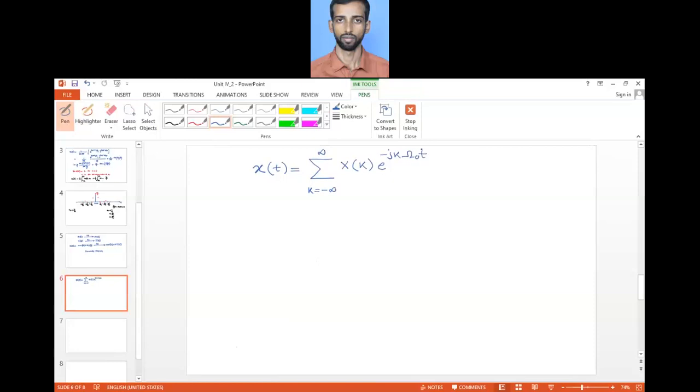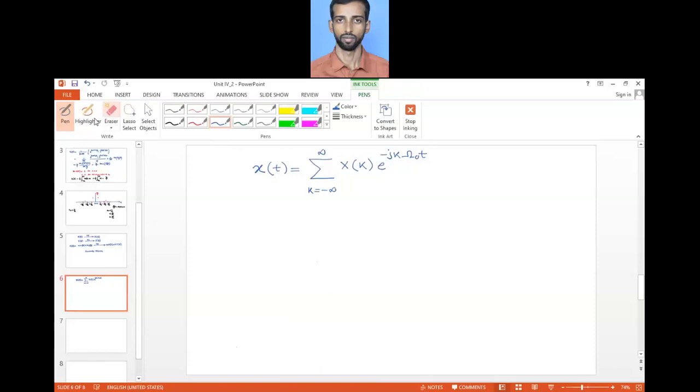That is the Fourier series representation for any continuous and periodic signal. And let us also assume that the signal is a real signal. What does it mean? It means if I measure the value of x of t for any t, it gives a real value. There is no complex number, only real values are there.